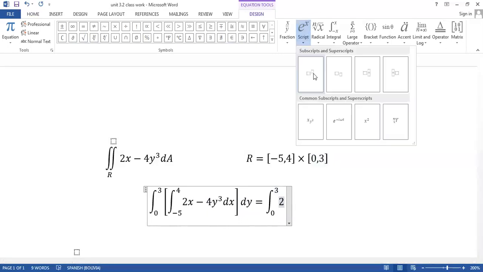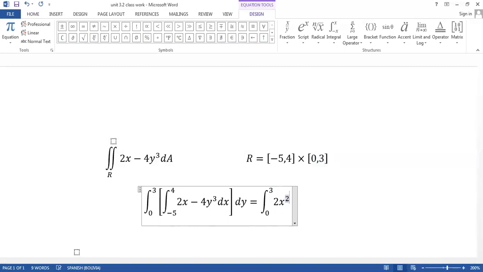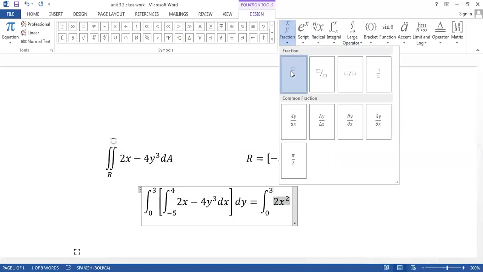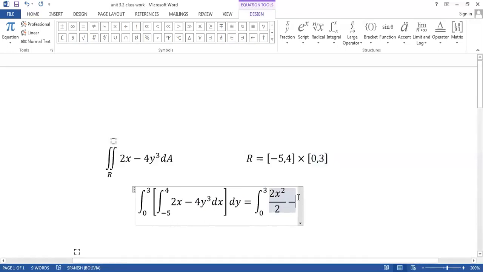Minus 4y cubed over 2, yeah. Minus 4y cubed. Not quite. Try that again.